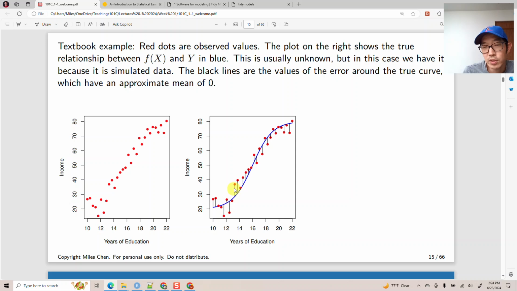These vertical black lines represent the error, how different the actual value is from the true relationship. The idea is that if you added up all of those residuals, they have a mean of 0.